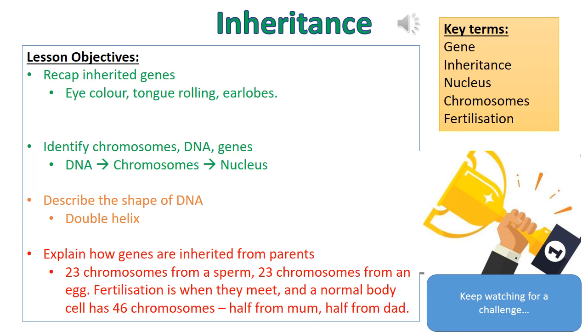So there are 23 chromosomes from a sperm, 23 chromosomes from an egg. Fertilization is what happens when they meet and the sperm fertilizes the egg. And then it creates a normal body cell, which has 46 chromosomes. So all of the cells in your body will have half of the genetic material from mum and half from dad.